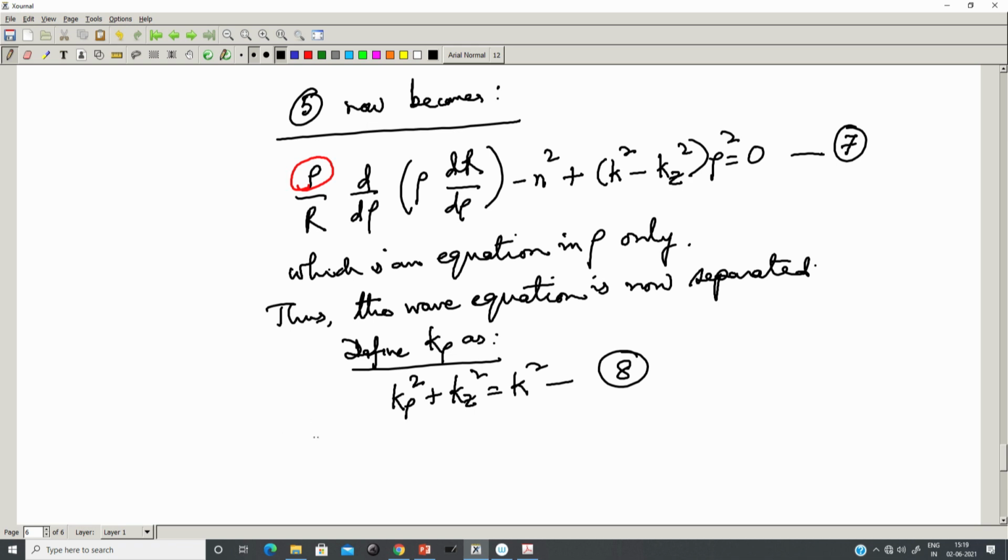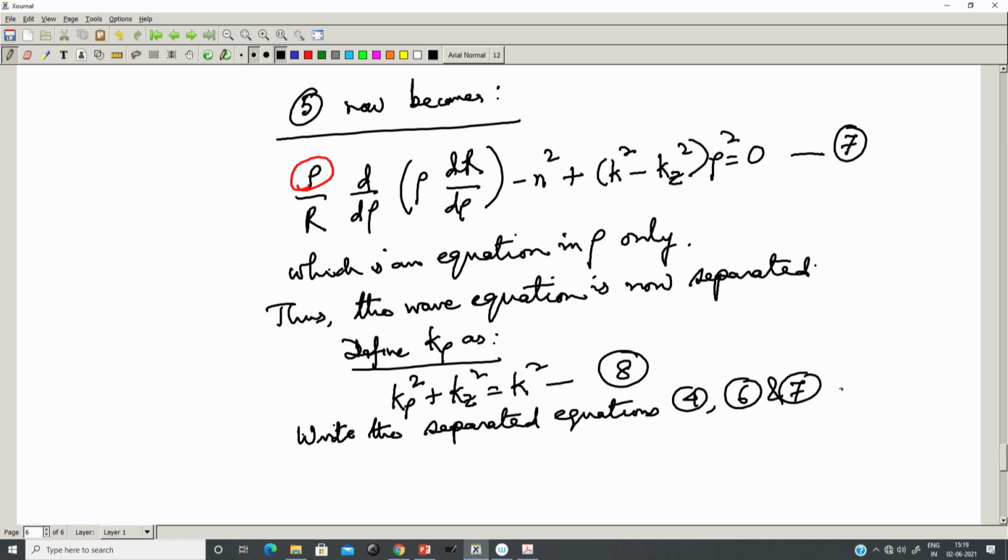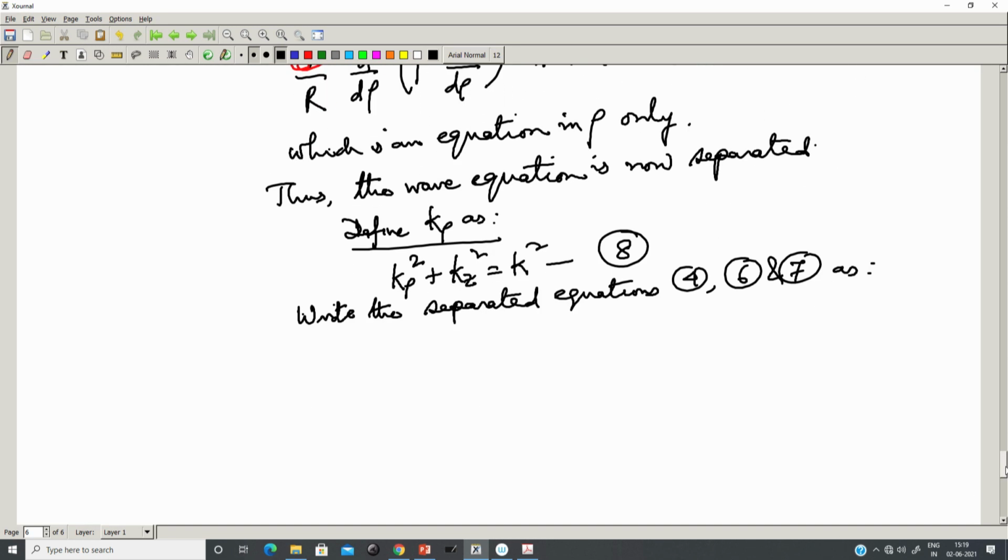After we do this, we write the separated equations 4, 6 and 7 as rho d d rho of rho dr d rho plus k rho square minus n square times r equal to 0.